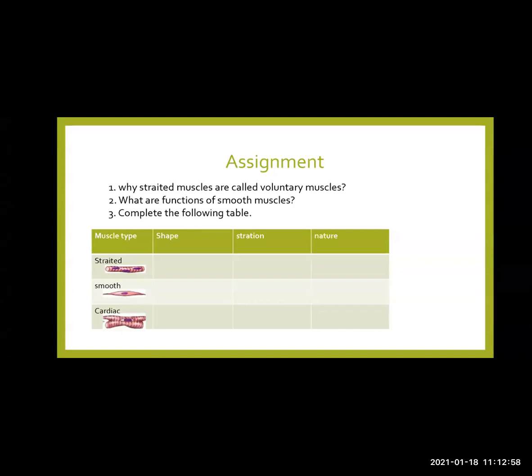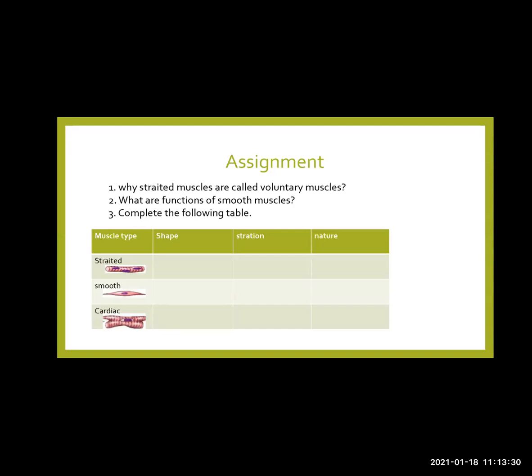What are the functions of smooth muscles? Smooth muscles are present in the lining of internal vital organs. In the digestive system it causes movement of food, in the eyelid movement of eyelids, and in the urinary bladder contraction and relaxation of the bladder.